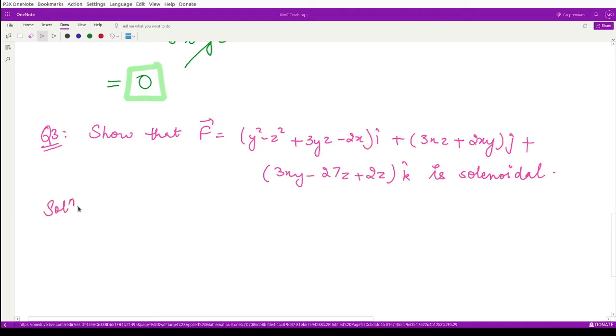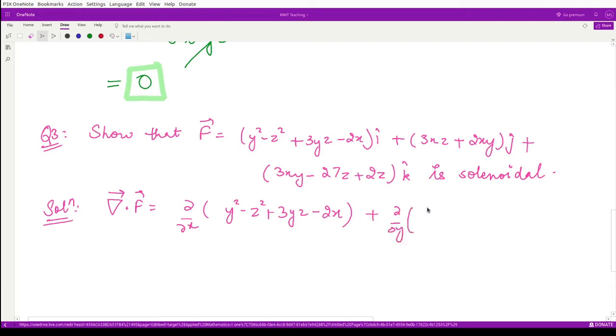Okay, so for the solution of this question, this is very simple. You are to calculate the divergence of this vector F. So that would be del by del x of y square minus z square plus 3xyz minus 2x, plus del by del y of this quantity 3xz plus 2xy, plus del by del z of the quantity 3xy minus... okay, so here instead of minus 27z, we have in the question minus 2xz, right?